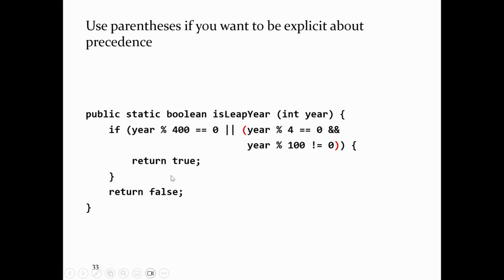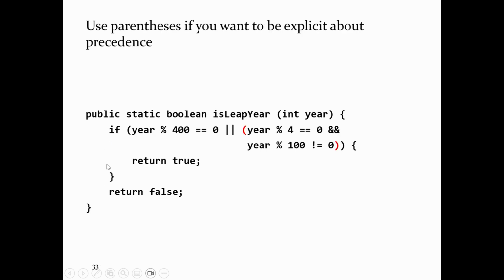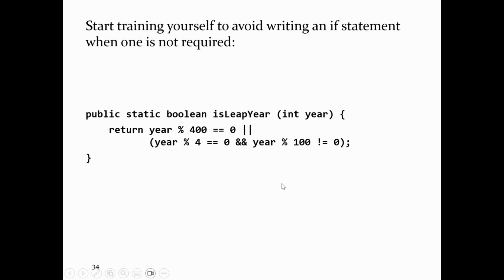If you write this on an assignment or on a test, no one's going to deduct marks from you. It's fine, right? But keep in mind that you want to start writing your code like that as opposed to that. All right, any other questions?